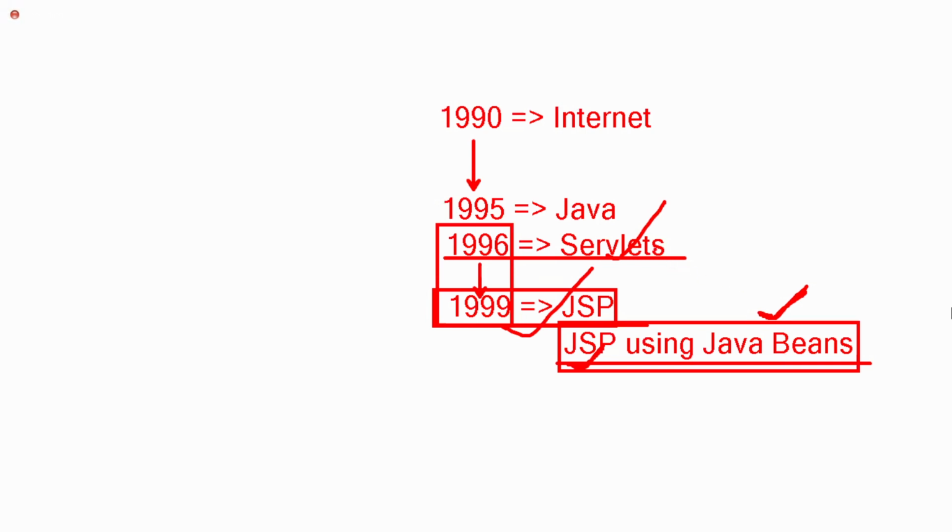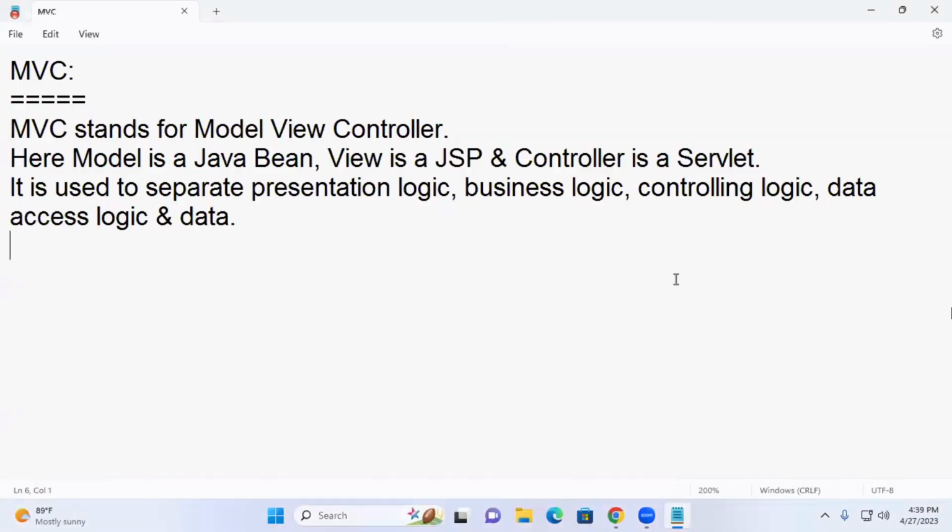So instead of developing with only servlets, or only JSP using Java bean, if we combine servlet, JSP, and Java bean, it is better. How is it better? What are the benefits? I'll explain. Now, you observe.